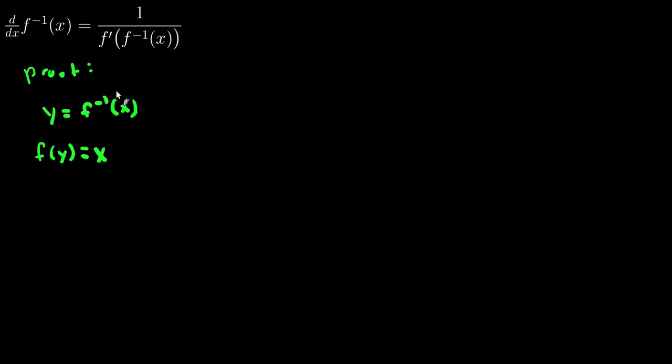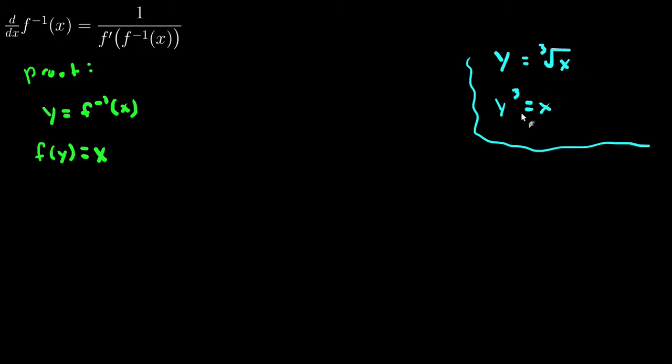Inverses flip the inputs and the outputs. There was a question in class about this, so a little explanation: if y is equal to the third root of x, if I cube both sides, that means y cubed is equal to x. I'm sort of flipping the function with its inverse.